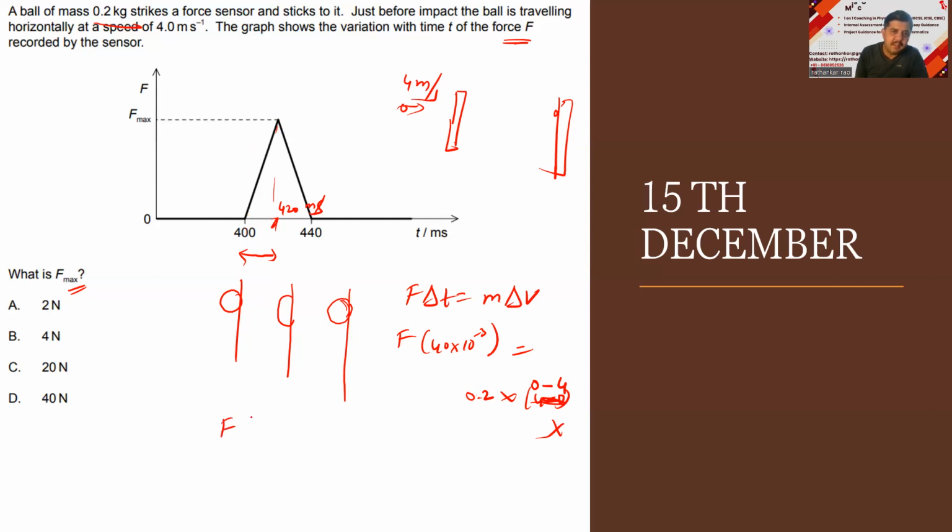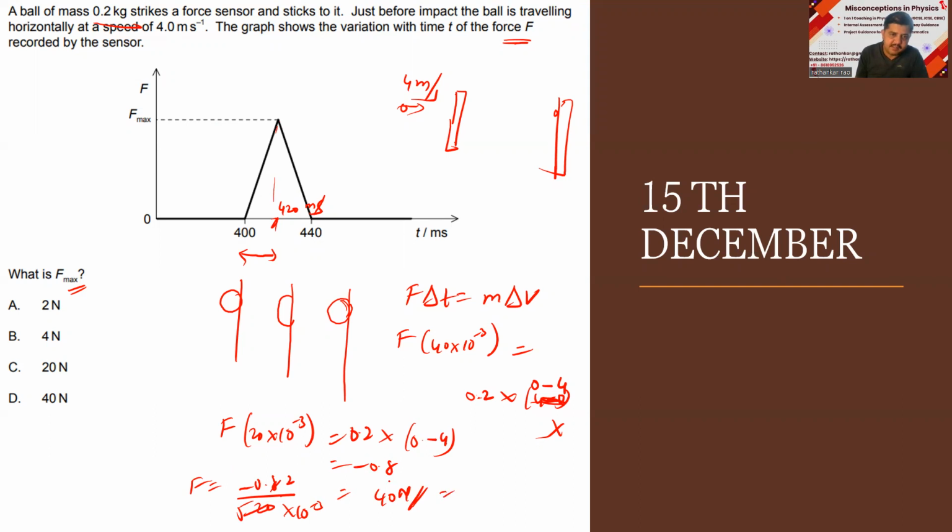Thus F into 20 into 10 power minus 3 should be equal to 0.2 multiplied by velocity, 0 minus 4, which is minus 0.8. Thus F is minus 0.8 divided by 20 into 10 power minus 3. How much will this be? 4 twos are 4, 5 fours are 20. So this is equal to 40 Newton. How do I get this? You just write this as 2 by 5 into 1000.